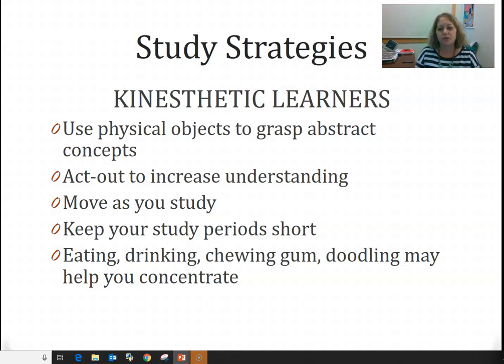Keeping your study period short, as we talked about, and then doing something as you're studying can be helpful. Think about when you were a kid and how learning was fun, right? Most of us, not everybody, most of us looked forward to going to school. We enjoyed that. One, it was when we got to see our friends, but two, our teachers tended to make it fun.